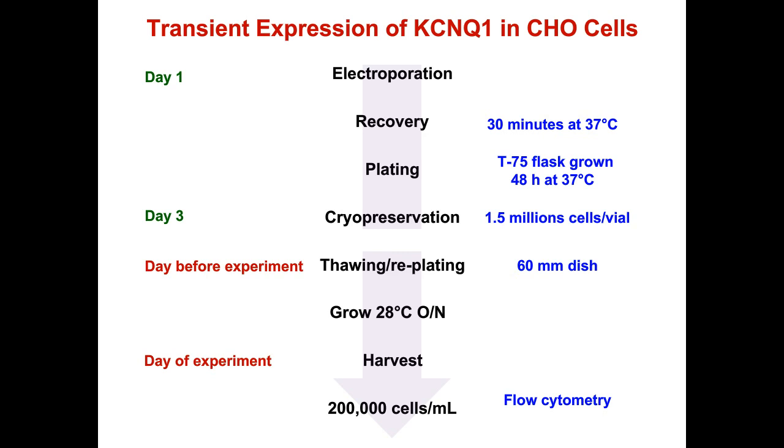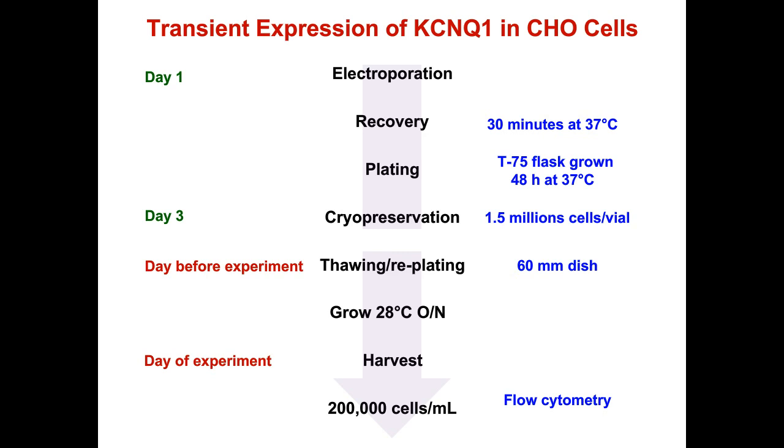After electroporation, the cells recover briefly, and then you plate them in a flask to grow for 48 hours at 37 degrees. At that point, we could go directly to patch clamp recording, but instead, we actually cryopreserve the cells so that we can then bring out batches of cells later in a queue to maximize the throughput on the automated patch clamp.